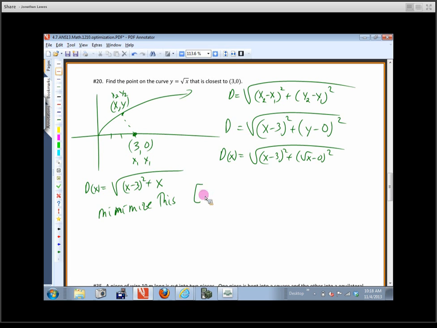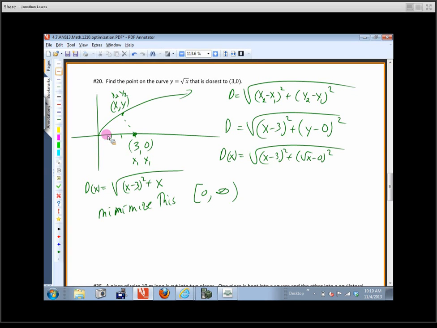What's the smallest x can be on the square root function? 0. What's the largest it could be? That could be infinity. So maybe the minimum is at 0. Can you just look at it? If x is 0, I'm at this point right here. That's 3 units of distance. If I just slide up here just a little bit, clearly I've gotten closer, right? So we want to minimize that.